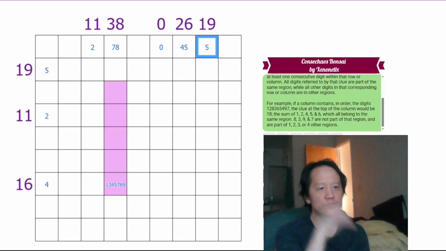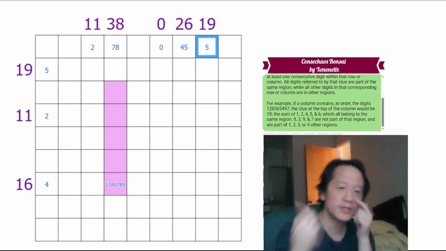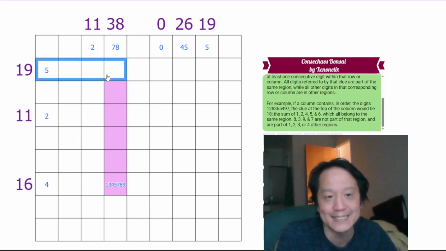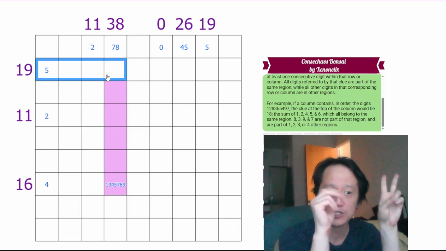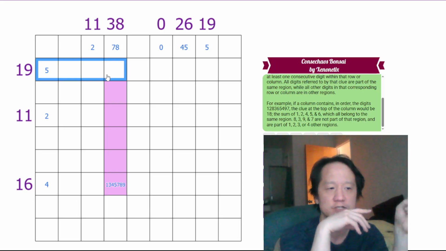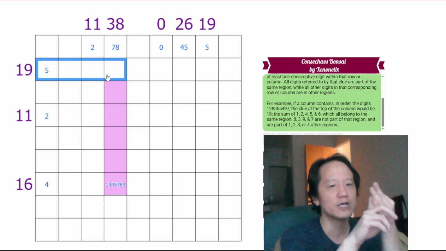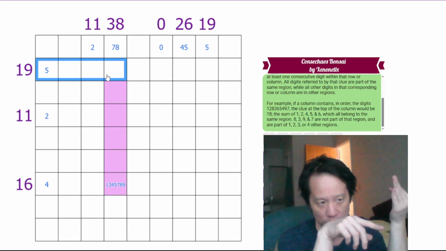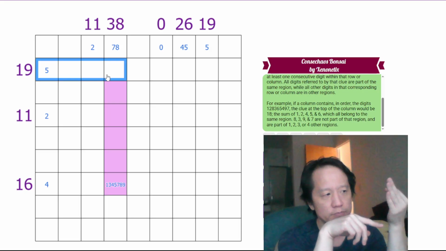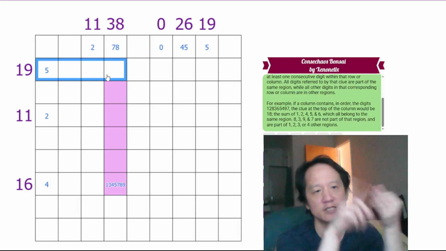2, 3, 4, 5, 6 adds up to 20. The only combination you have that adds up to 19, which has consecutive digits, obviously can't be 2 digits because 2 digits add up to at most 17. 3 digits, we tried, and the only combination which has, because they have to be all consecutive with each other, we tried 5, 6, 7, which is 18, and 6, 7, 8, which adds up to 21.